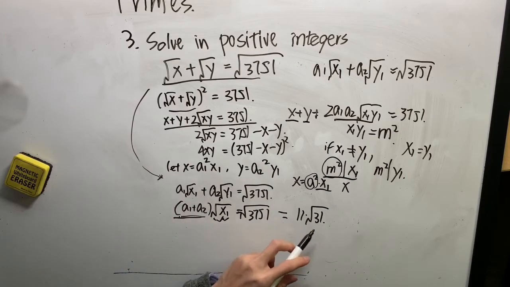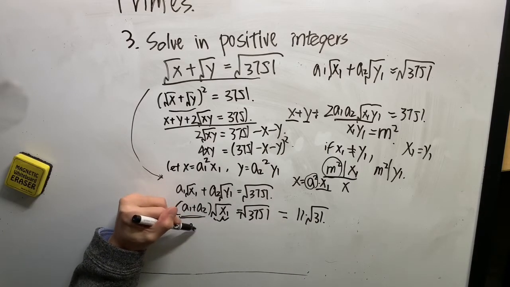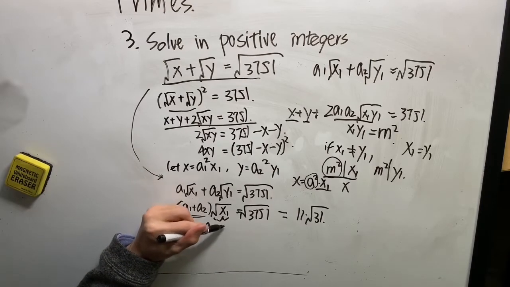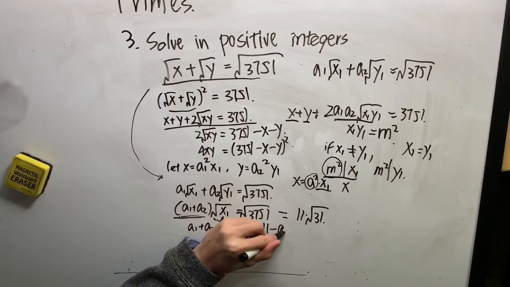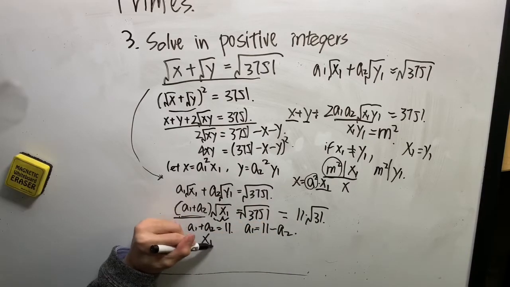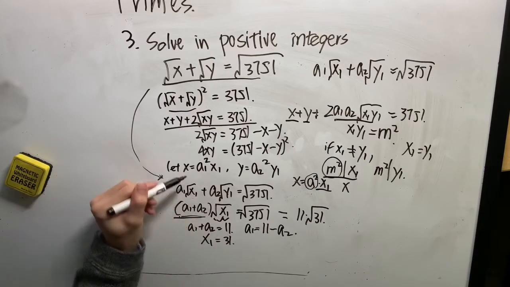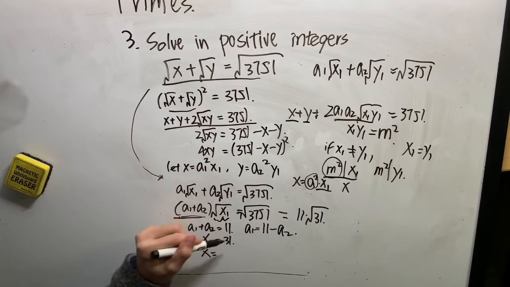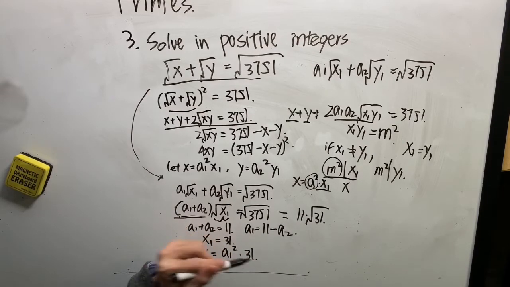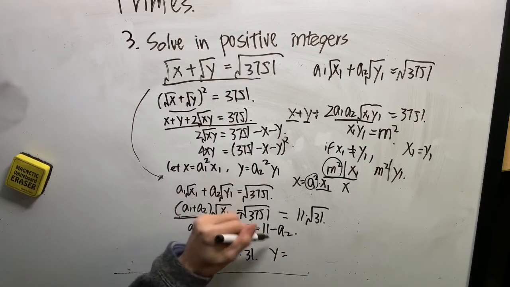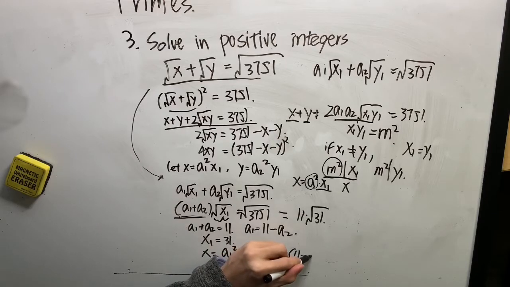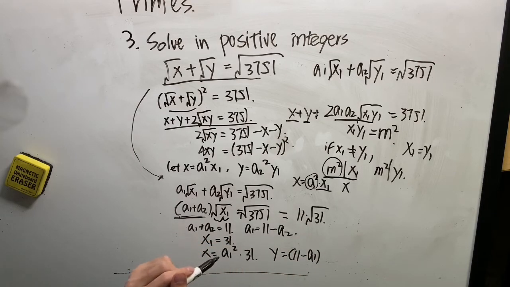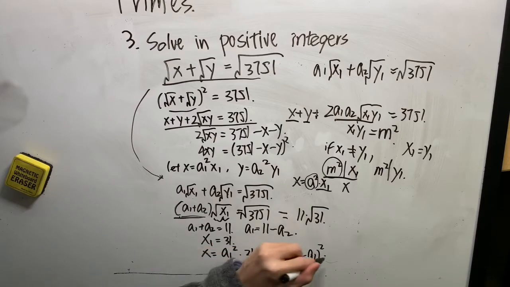Thus we solve the question. You see, a1 plus a2 equals 11. Thus, a1 equals 11 minus a2, and x1 equals 31. Thus, x equals a1 squared times 31, and y equals (11 minus a1) squared times 31.